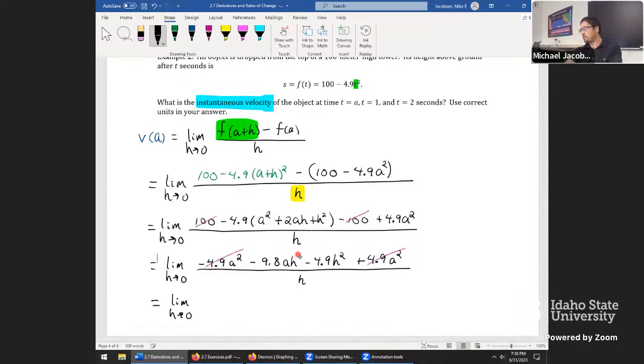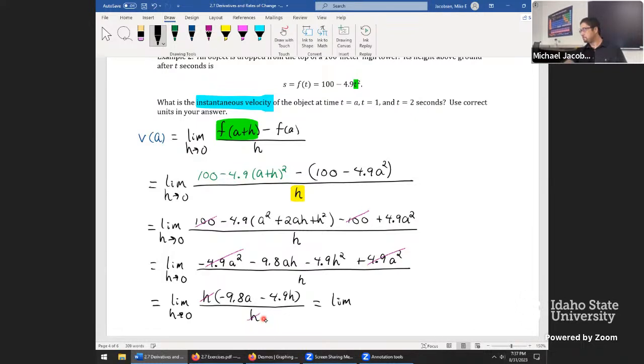Limit h goes to 0. We factor out 1 power of h. There'll be negative 9.8a minus 4.9h, multiplying that factor out. Then over here, we have just h. Now, these cancel, and it's a little bit more clean to see how they cancel. And that was our objective. It doesn't mean the problem is done, but it means we can use direct substitution, our major goal to evaluate the limit.